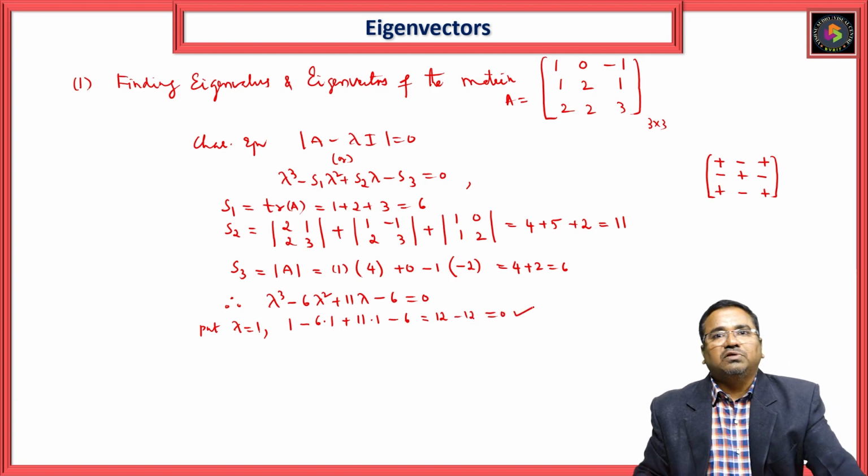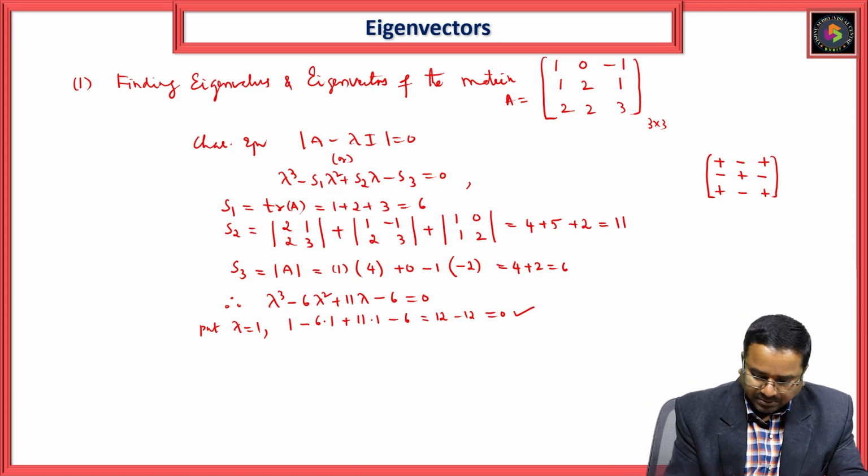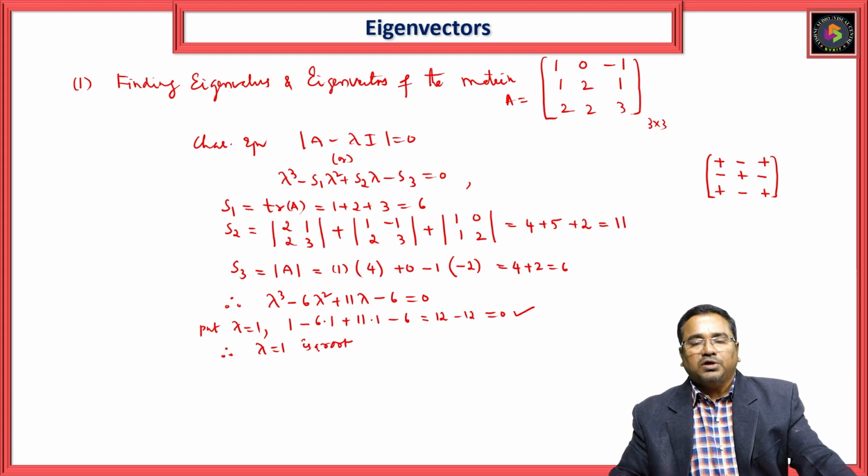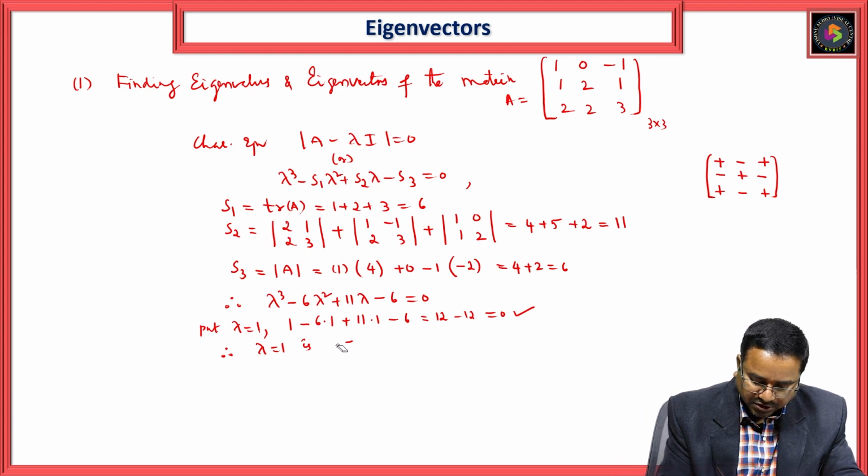Therefore it is satisfying the equation. So by the inspection method we got that lambda equal to 1 is a root. First, by the inspection method, you have to find one root.